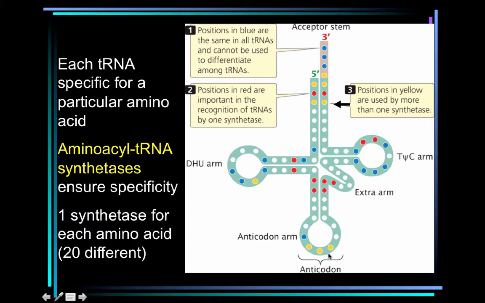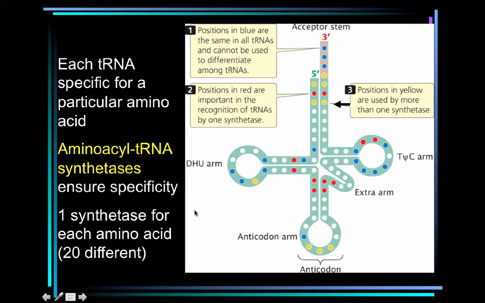So our anticodon that's going to be at the bottom of this transfer RNA that's actually going to be looking for a very specific sequence on the messenger RNA is going to be an area where we get specificity between the transfer RNAs. So if we have a transfer RNA that codes for serine and another one that actually codes for arginine, the anticodon is going to be very specific for those two transfer RNAs.